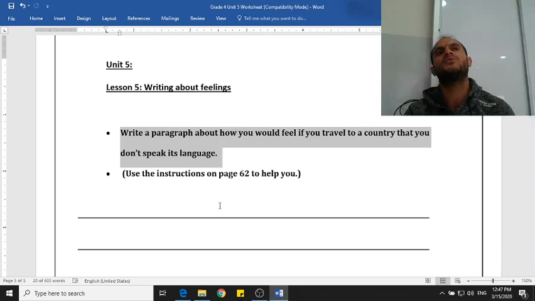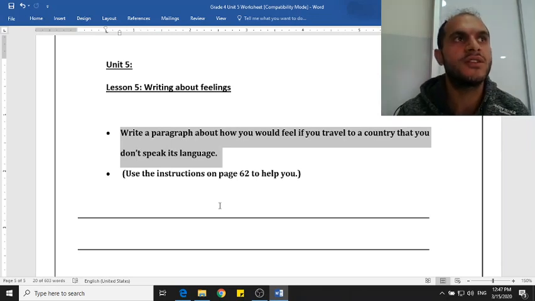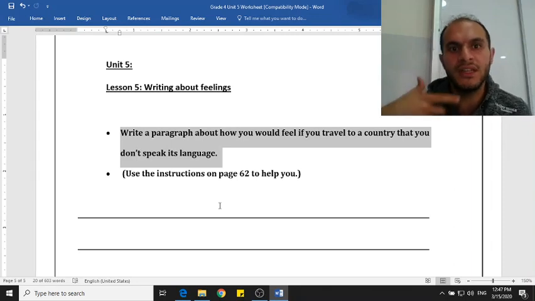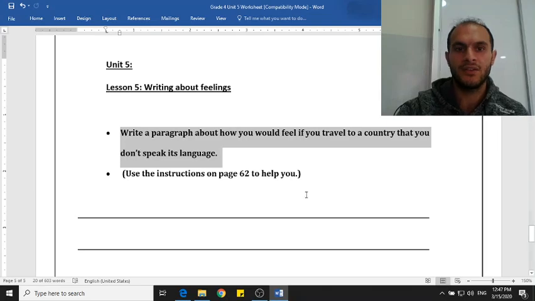We don't want to use words like nice or okay or good or go or travel. We want to use words that are strong, that have more meaning, like amazing, difficult, challenging, freezing instead of cold. Remember these words and use strong words and powerful words in your writing.